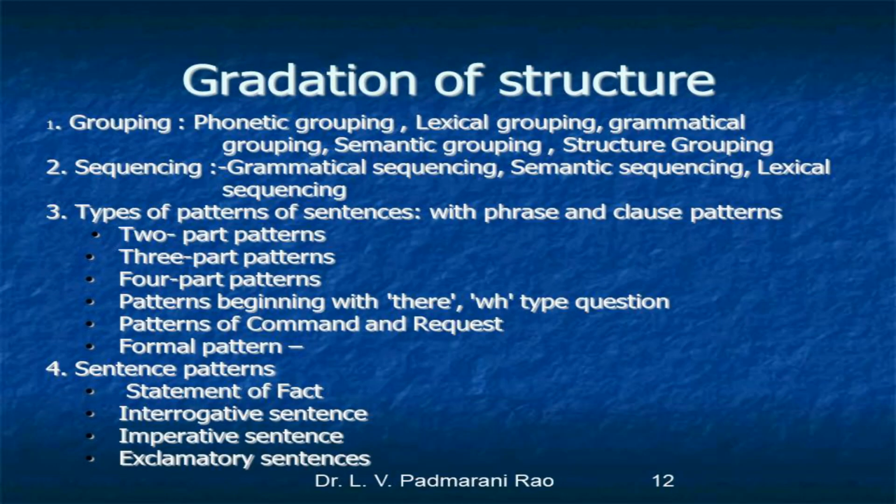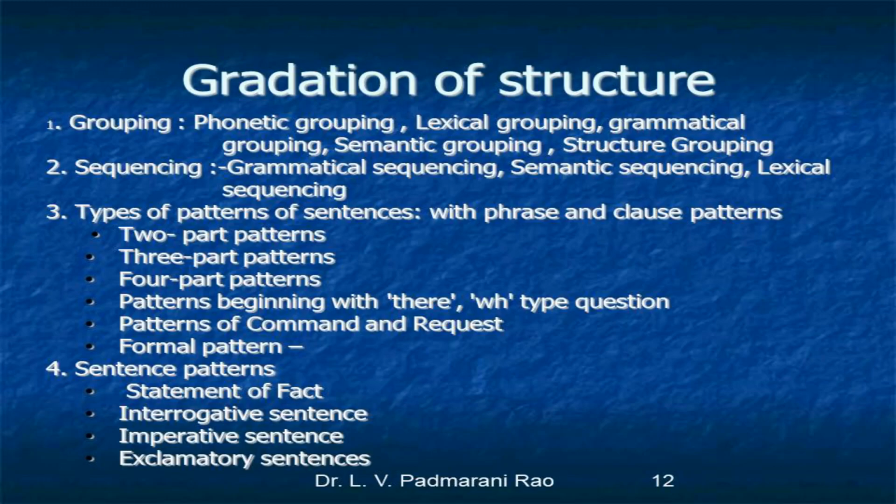These selected structures are now graded according to grouping and sequencing. The grouping can be phonetic grouping, lexical grouping, grammatical grouping, semantic grouping, and structural grouping. The sequencing also can be grammatical sequencing, semantic sequencing based upon the meaning, and lexical sequencing based upon the vocabulary.